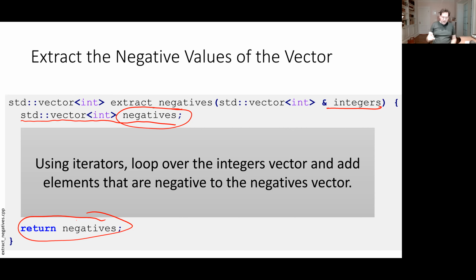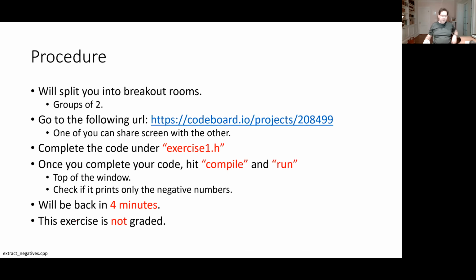You could do this with indices, but we want you to do it with iterators to get some practice with that. I'm going to put you into breakout rooms and give you a few minutes to try this, with the same instructions as last time.